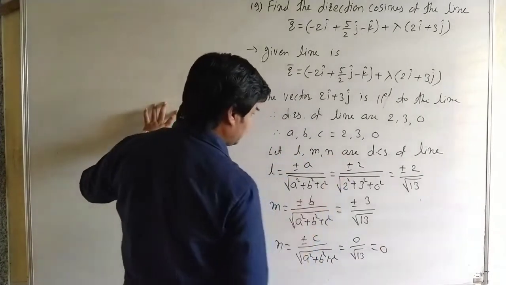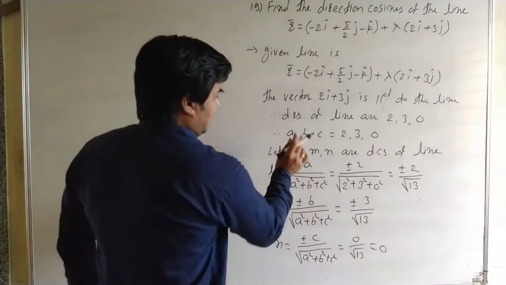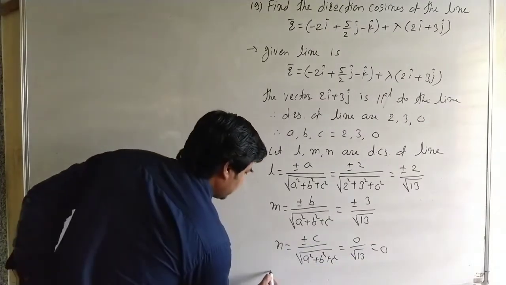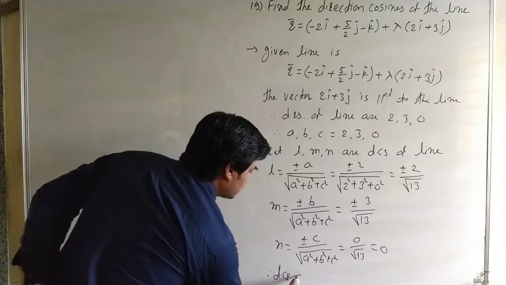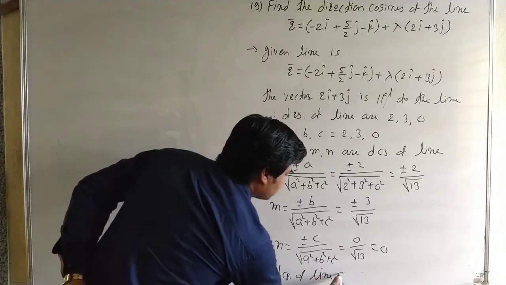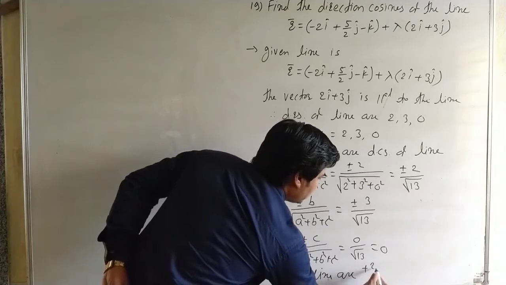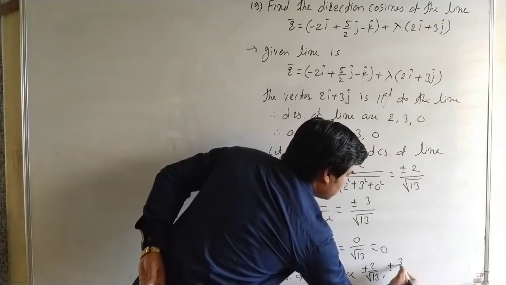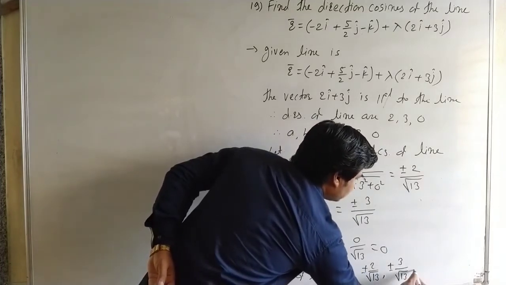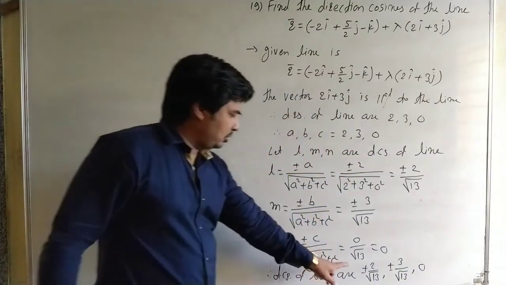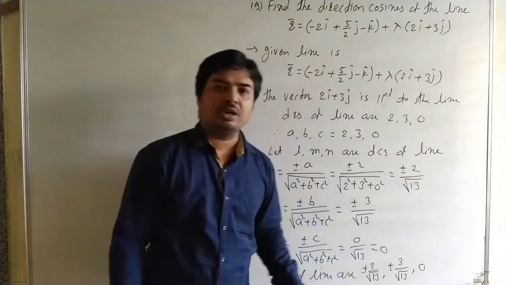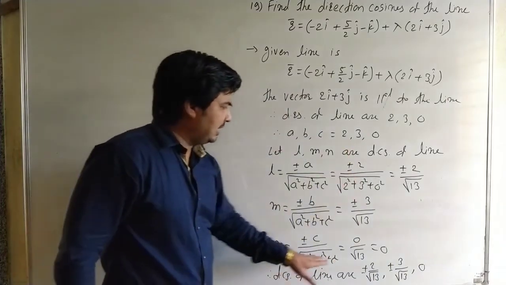And therefore plus or minus 2 by under root 13, plus or minus 3 upon under root 13 and 0 are the direction cosines. Therefore the direction cosines of the line are plus or minus 2 upon under root 13, plus or minus 3 upon under root 13 and 0.